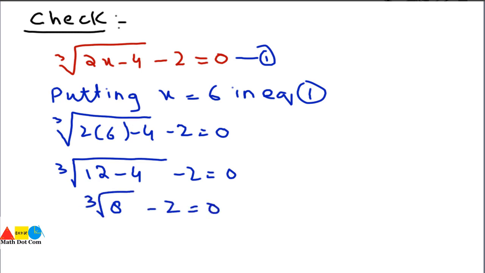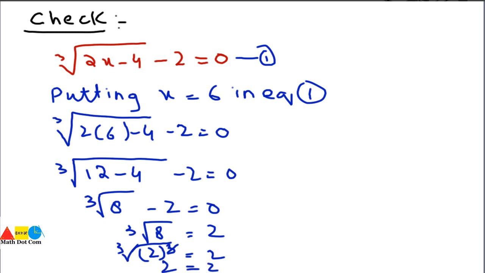Okay, adding 2 on both sides, we will get the cube root of 8 equals 2. Now what is the cube root of 8? As 8 is 2 cubed, taking its cube root equals 2. So the cube root will cancel with the cube, and we will get 2 equals 2.